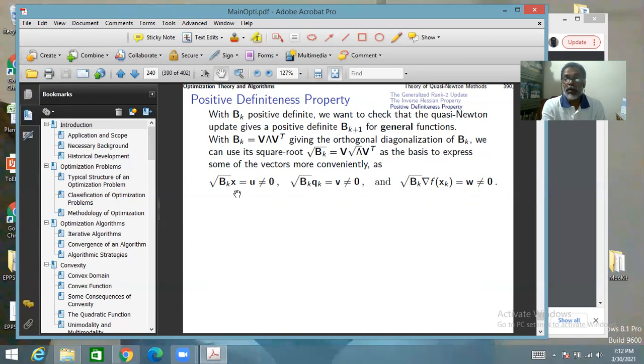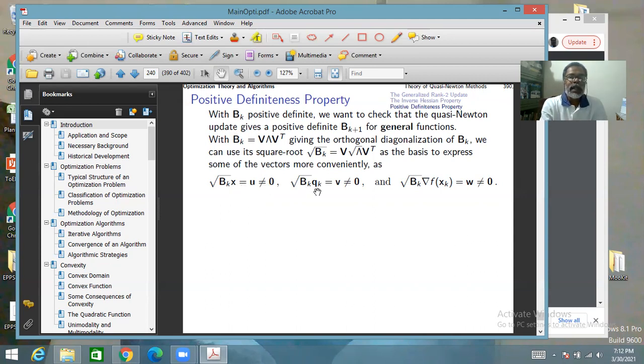The x that we will use to check positive definiteness: for positive definiteness of Bk plus 1, we will get x transpose Bk plus 1 x and try to show that to be positive for all non-zero x, right? So that is x. If you express that in this basis, then you will get some other vector, call it u, which will be non-zero because x is non-zero.